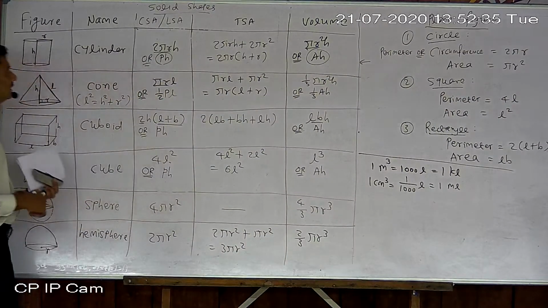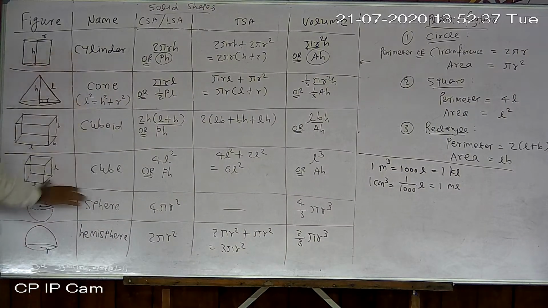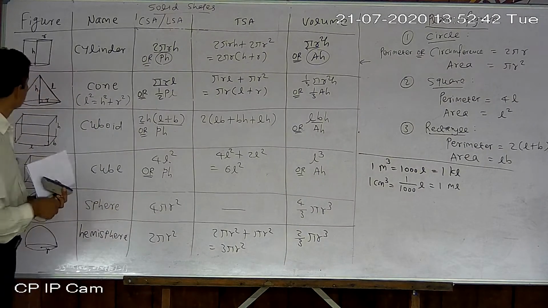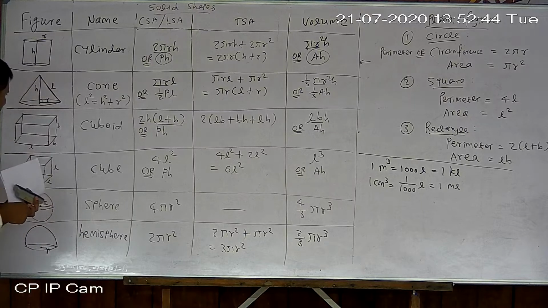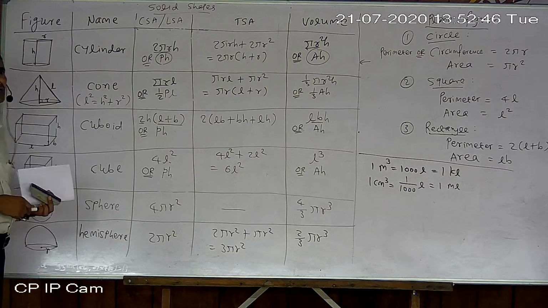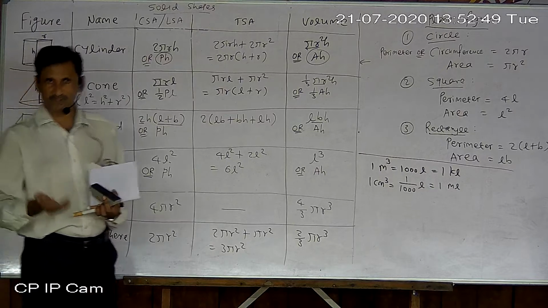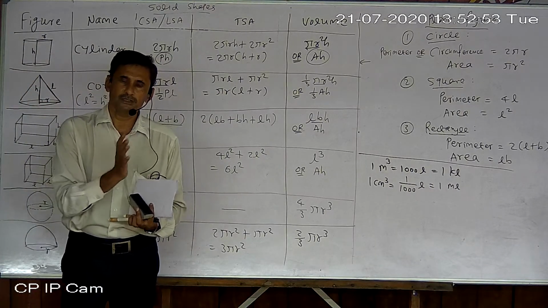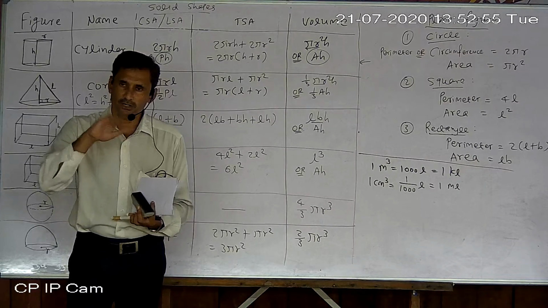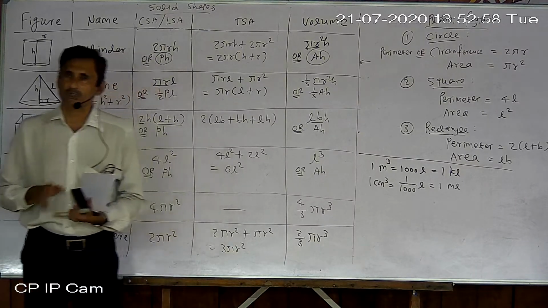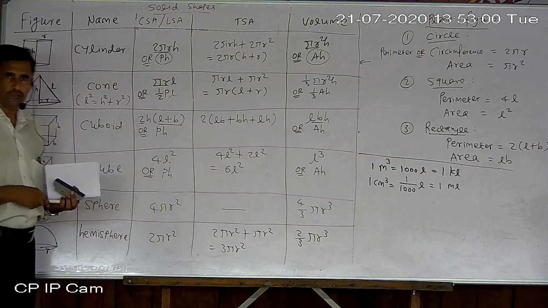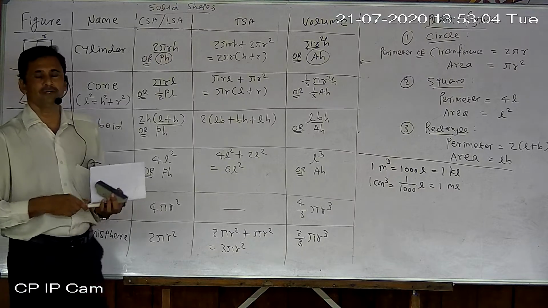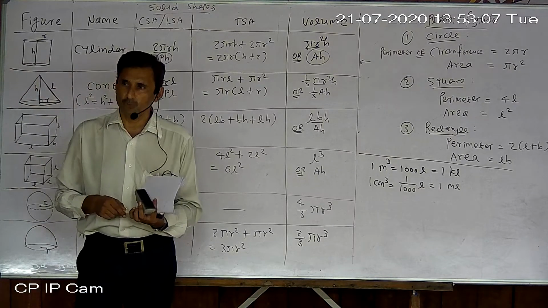Now in standard 10 we are going to study cylinder, cone, cuboid, cube, sphere and hemisphere, and one extra shape, the frustum of a cone. I just introduced that shape in an earlier video lecture. Today we are not going to talk about the frustum of a cone because its topic is given in exercise 13.4 only.